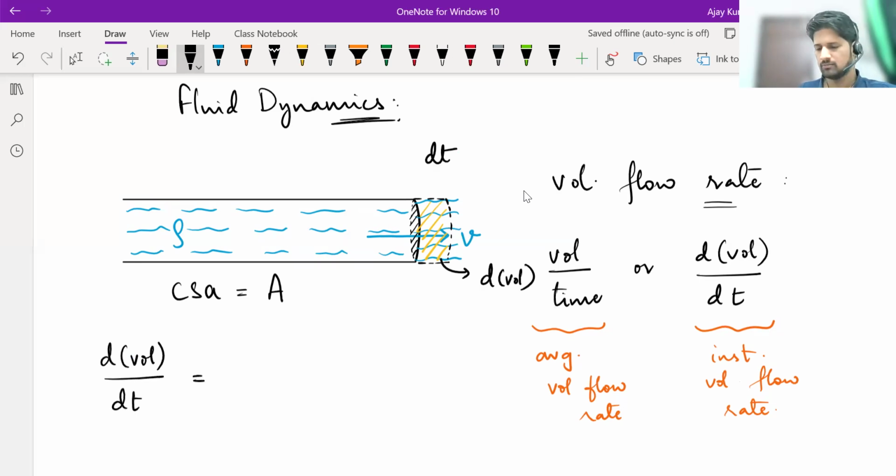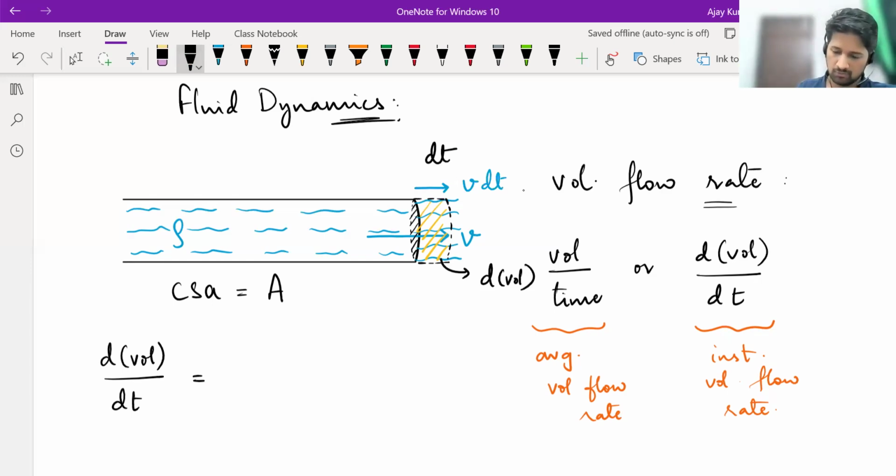How do you write volume? Volume can be expressed as area of cross section multiplied with the length. Now we know the speed of flow. If we know speed of flow, then in a small time dt, we can find out the distance that it flows: speed multiplied with time. Area of cross section is A. The distance covered by the liquid is v dt.